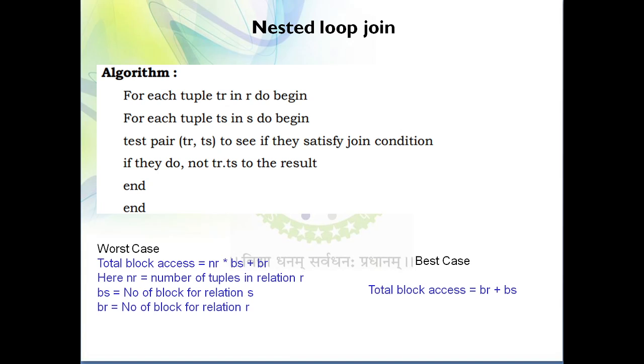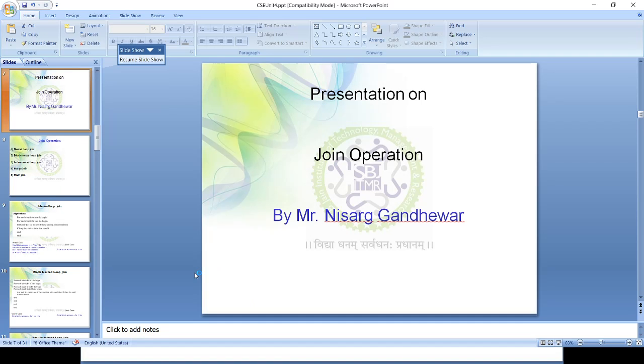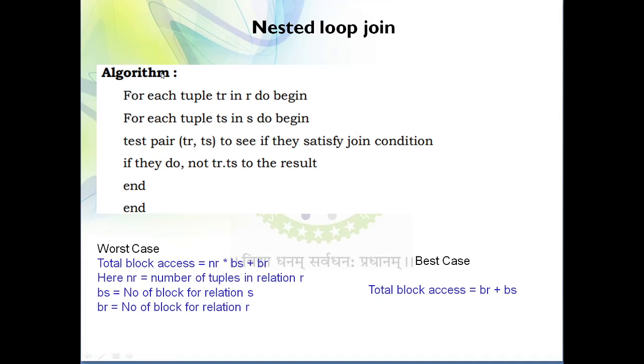Suppose the capacity of one block is 25 records, 30 records, or 40 records. So you divide the total number of records by the capacity of one block, so that you will get the number of blocks for that particular relation. Then you need to use this formula to calculate the total number of block accesses required.